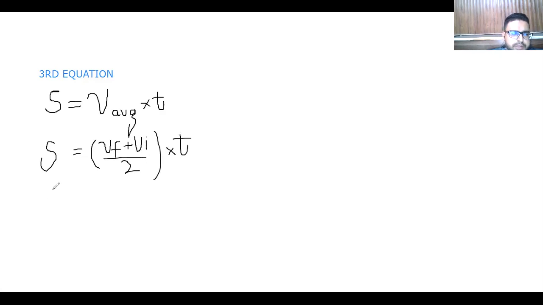Right? If you remember, in the second equation we replaced Vf in the formula. But this time you don't have to replace Vf. Rather, we will be replacing the value of t. So we know that acceleration is equal to Vf minus Vi upon time.